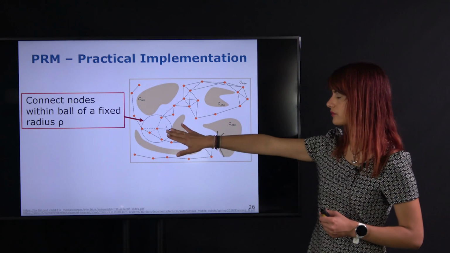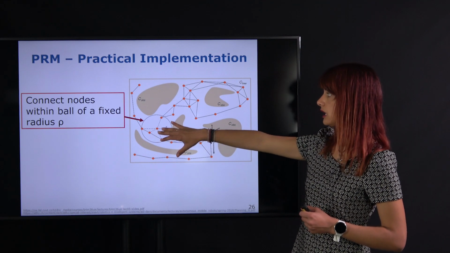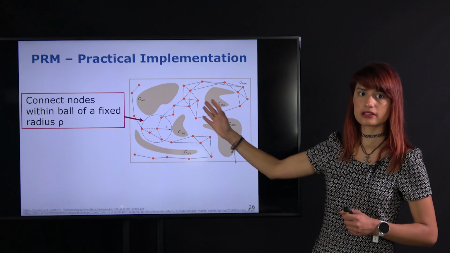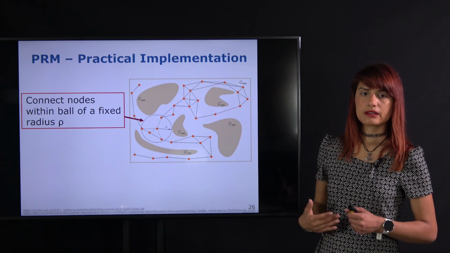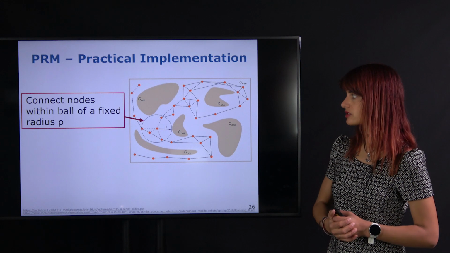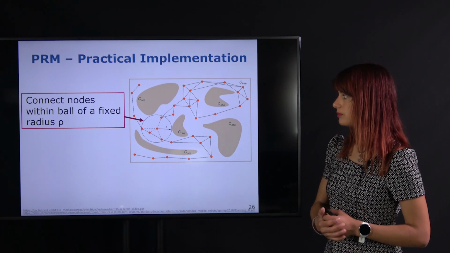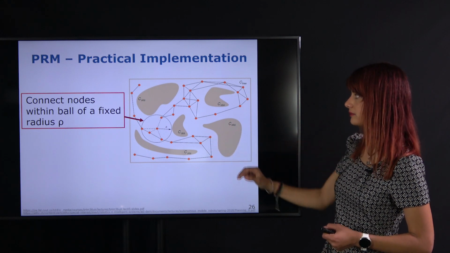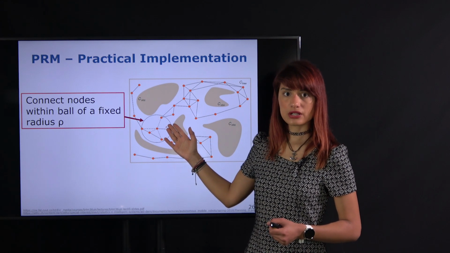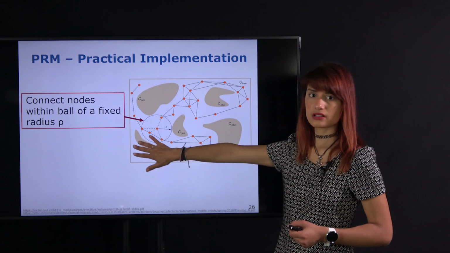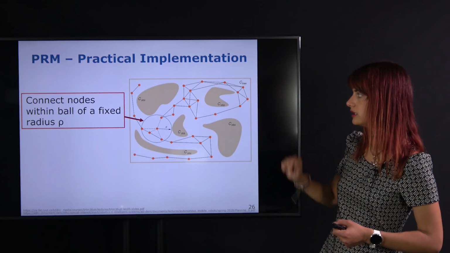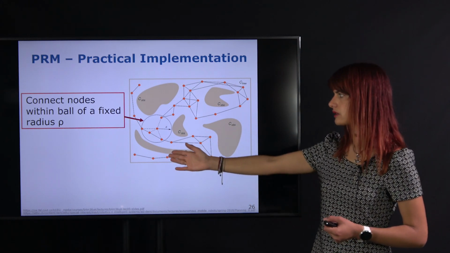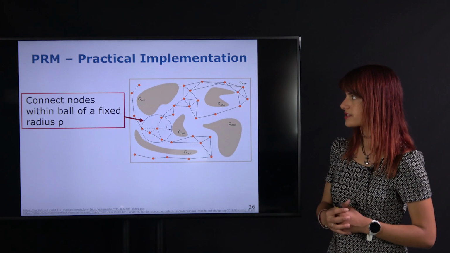Because intuitively, if we sample a new configuration and we have to execute that collision check for every single node already in the graph, this would take quite a lot of computational time and also be relatively unnecessary, because if there are obstacles in the environment and we attempt a connection from a node at one side of the environment to another one far away, then it's likely that there will be an obstacle in between and a straight line connection would not be possible.